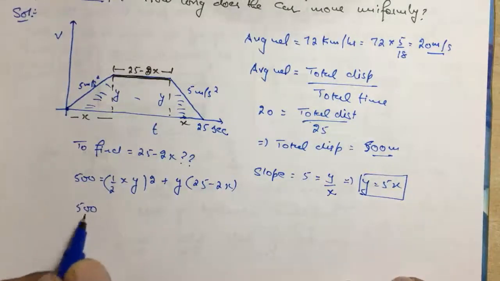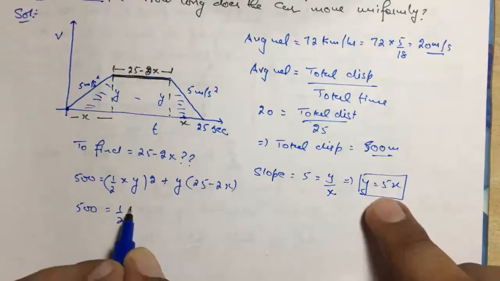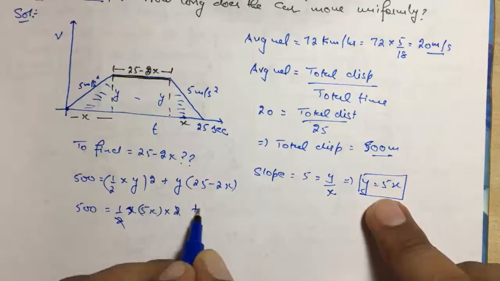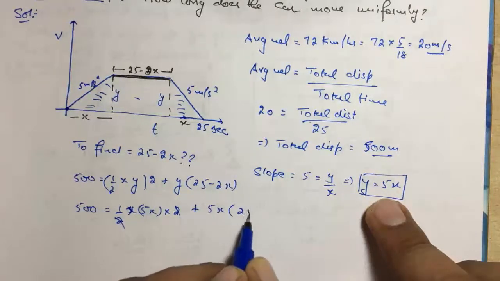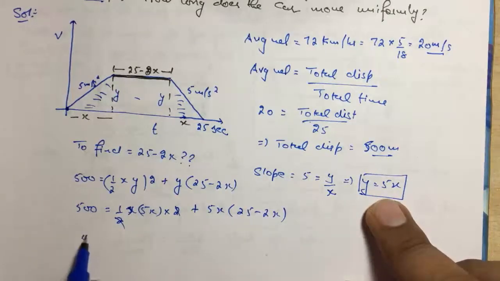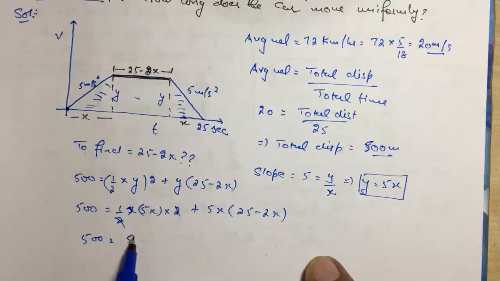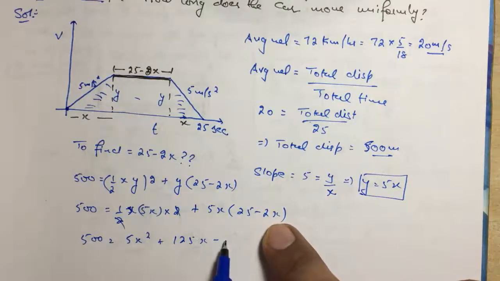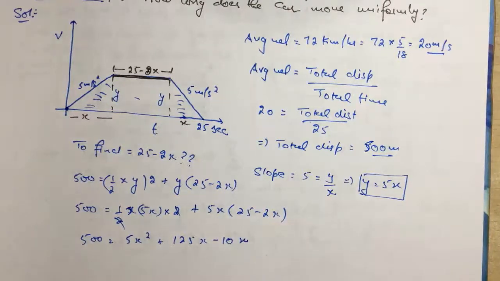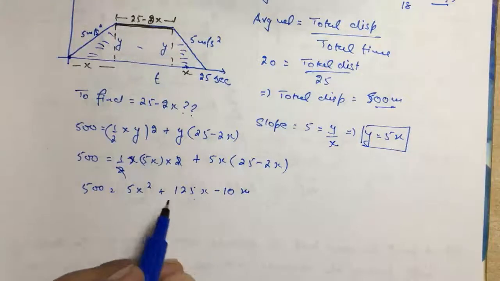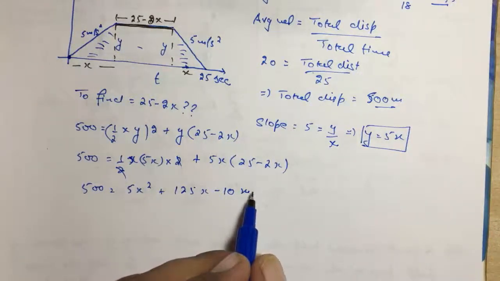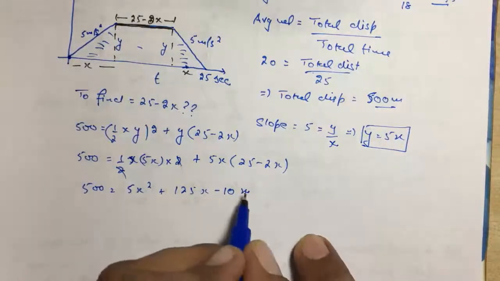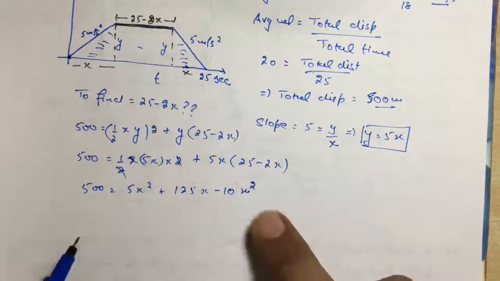Okay, solve it. 500, half, what is y? Y is 5x. This is x into 5x into 2. I can cancel 2 with 2. So plus y, which is 5x, into 25 minus 2x. I'll solve it. 500 is equal to 5x square plus 125x minus 5 twos are 10x square.